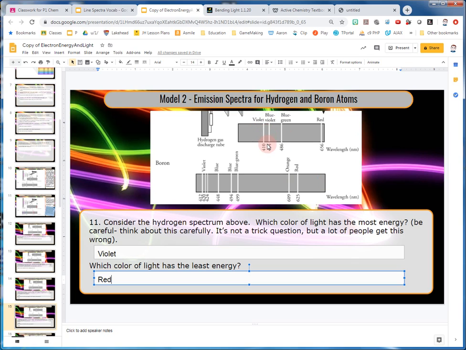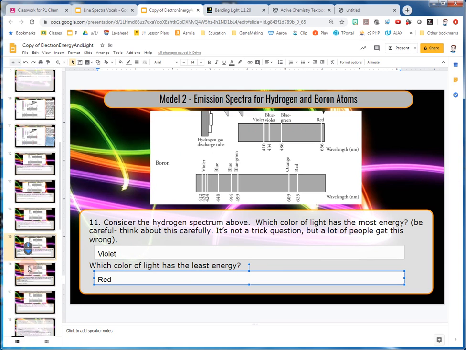It may not have any blue. Maybe it only has lines over here on this side. And so maybe that element's highest energy one is going to be green. So you have to look at the spectrum. All right, least energy, red. Next meme.